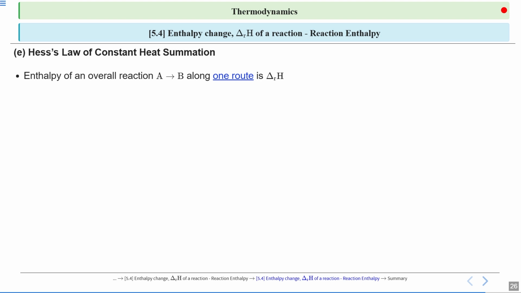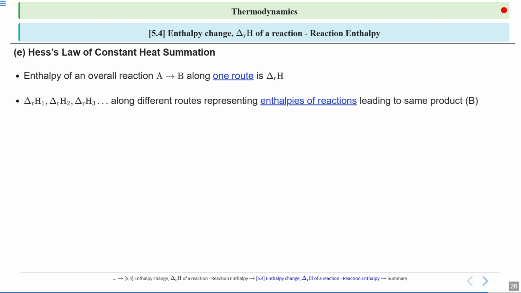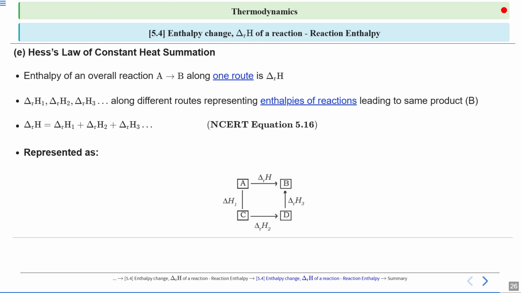So we are specifying a route through which the conversion is taking place directly from A to B. Can we do the same with a different route? Yes, it is possible. How? Suppose we go through a different route in which we are doing 3 steps. And for those 3 steps, our reaction enthalpies are delta RH1, delta RH2 and delta RH3. This can be represented pictorially as this diagram.